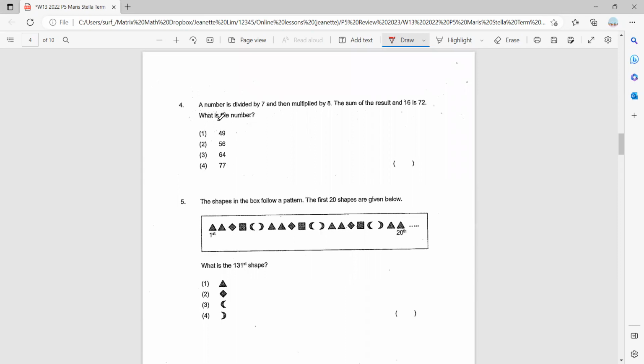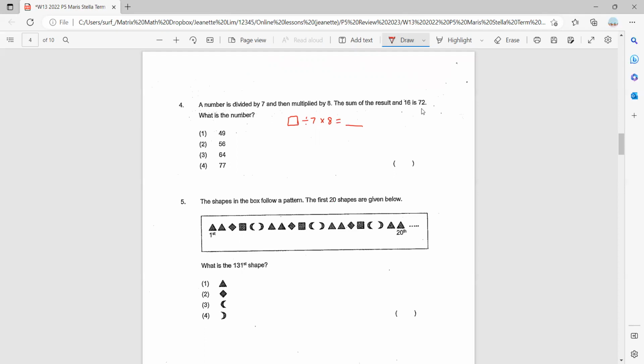Question 4. A number is divided by 7 and then multiplied by 8. The sum of the result and 16 is 72. What is the number? We need to work backwards. You have a number that you divide by 7 and then you multiply by 8 to get a result.